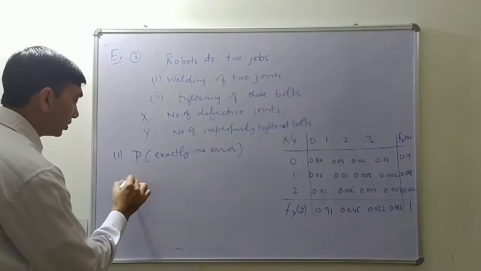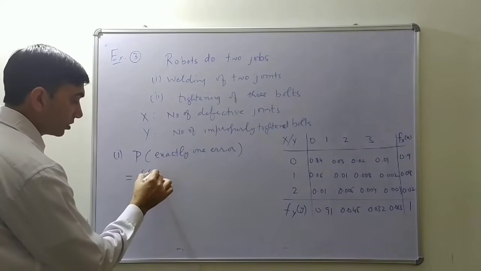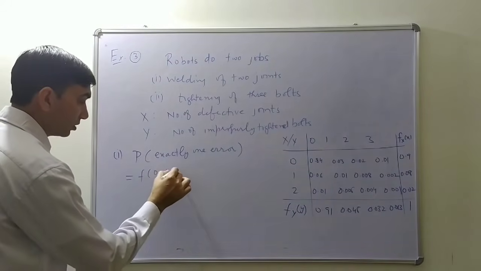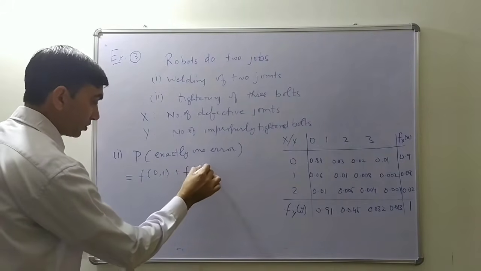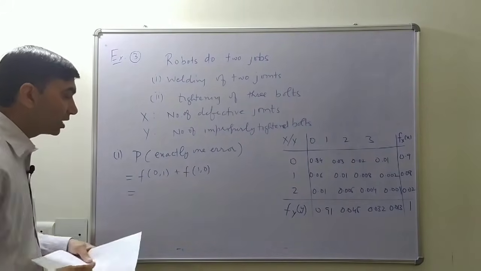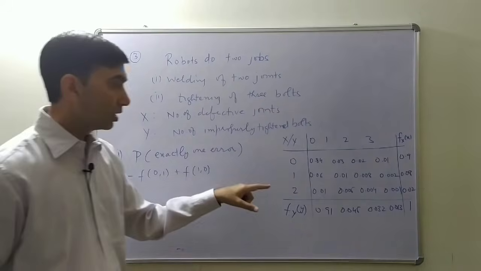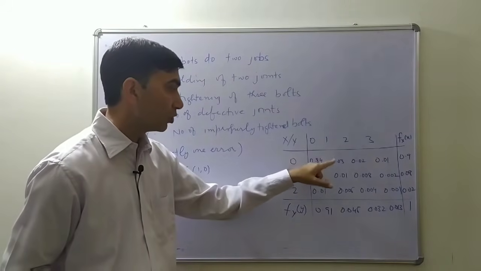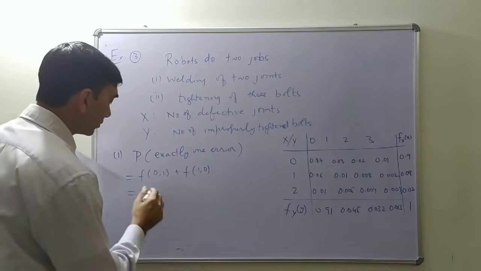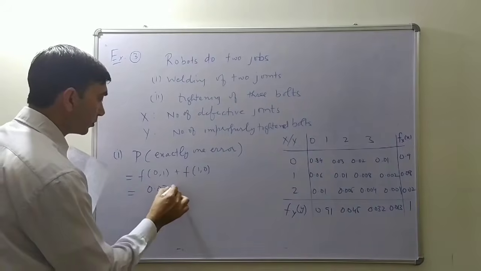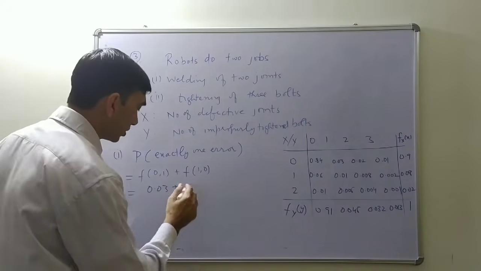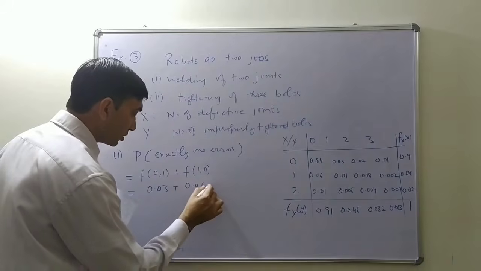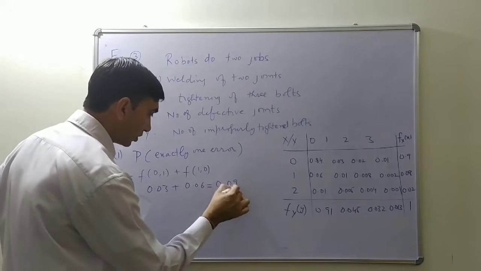Means you need to sum the probabilities x0, y1, x1, y0. Where is f01? f01, 0.03. And where is f10? 0.06. So in this case, the answer is 0.09.